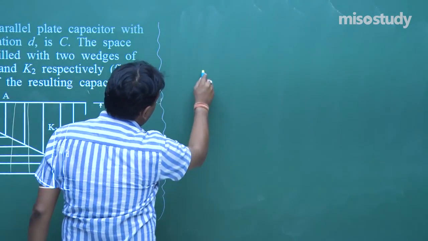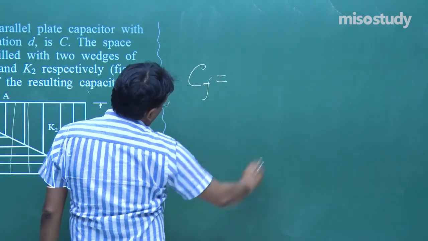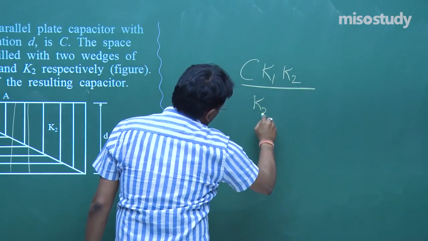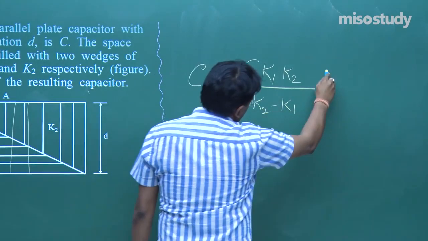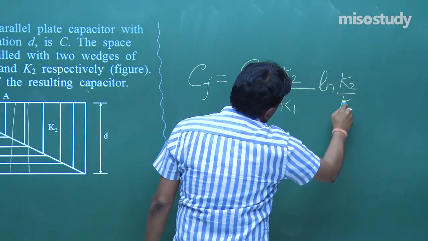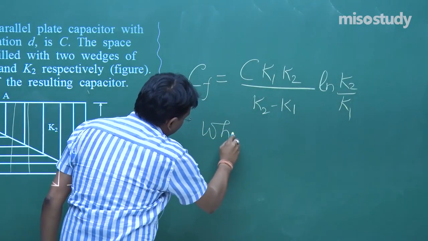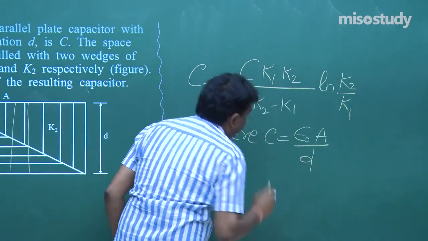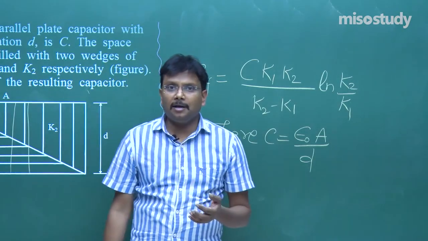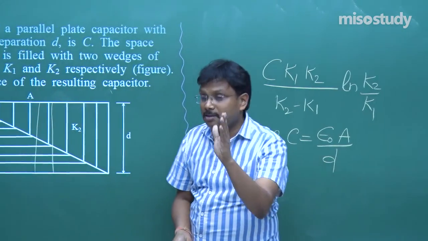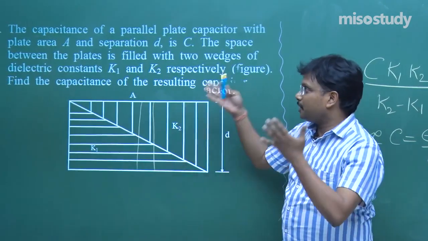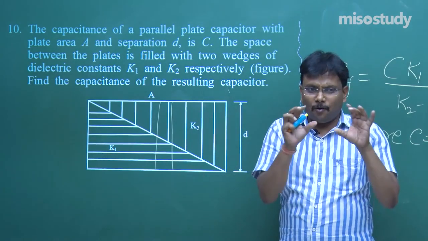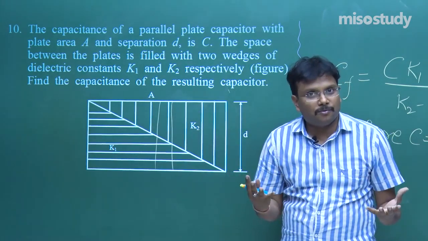So finally C final is equal to C K1 K2 upon (K2 minus K1) ln (K2 by K1), where C is equal to epsilon naught A by D. Question number 10 was slightly long, but I discussed it to emphasize that mentally you should be ready for difficult long questions also.